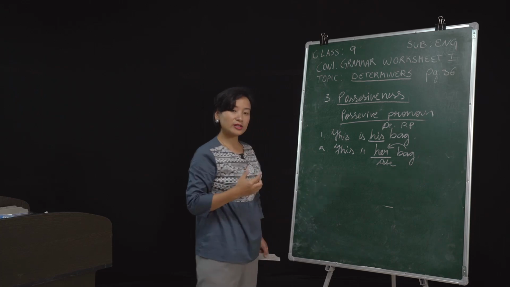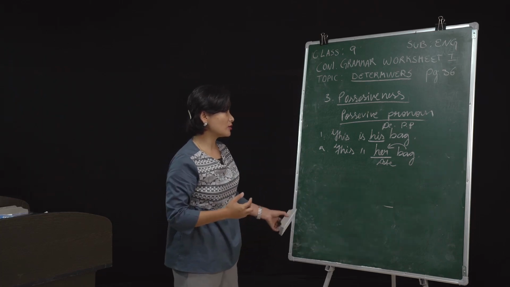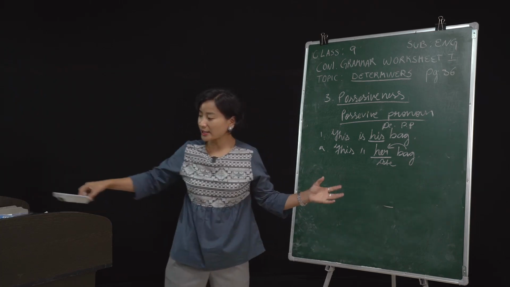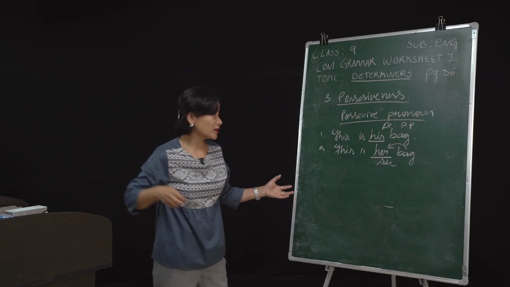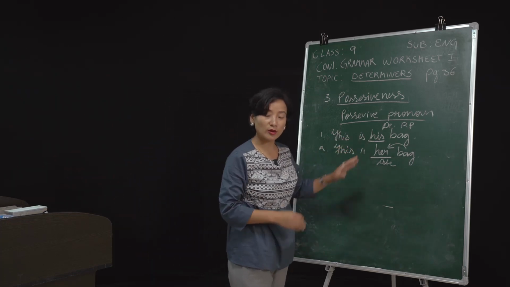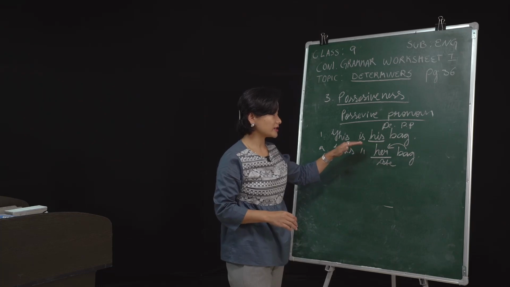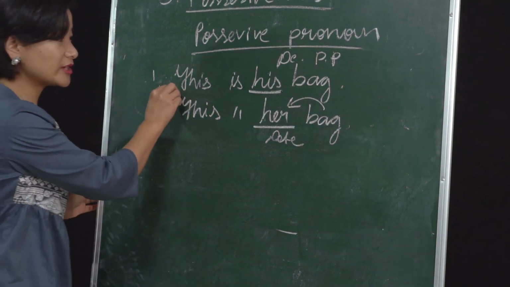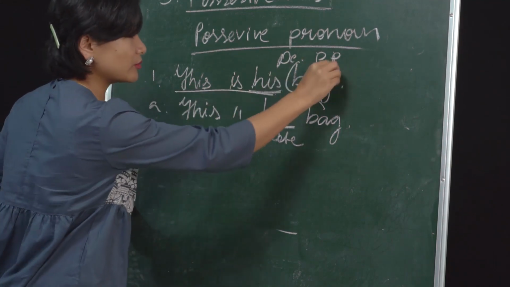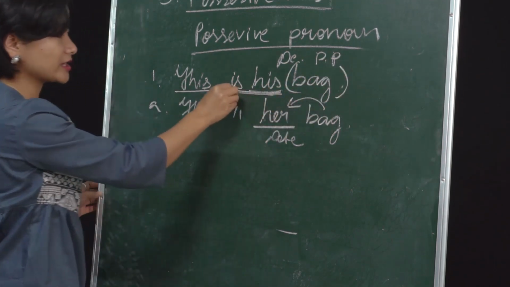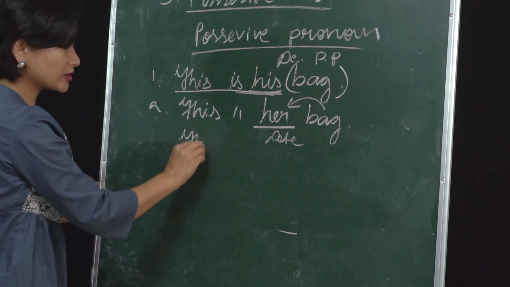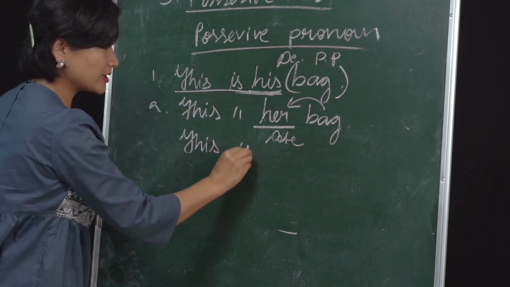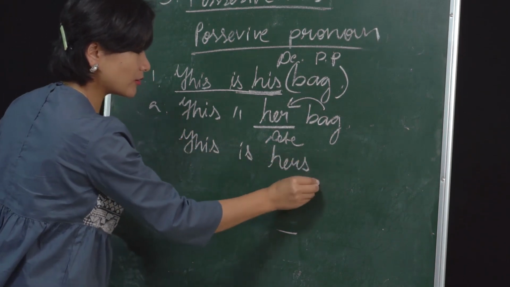Now, there is this confusion that how come in some cases we use his constantly in other sentences. So now another example here is, for instance, if I just simply say this is his, without this example, all right, this is his, and I can also say this is hers, all right?